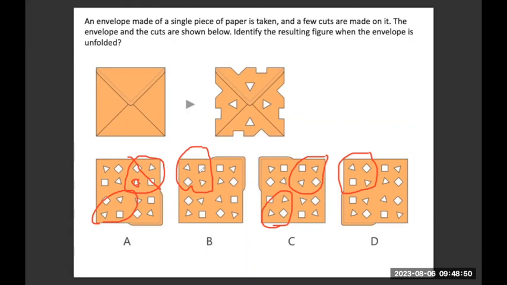Now, if I check with B, this part happens somewhere here. In B, that part is coming here. In case of D, that part happens on this edge. So if I were to fold it to the one side which is towards this flap, there has to be a triangle, and then on the other side there has to be a rectangle, which is happening here.